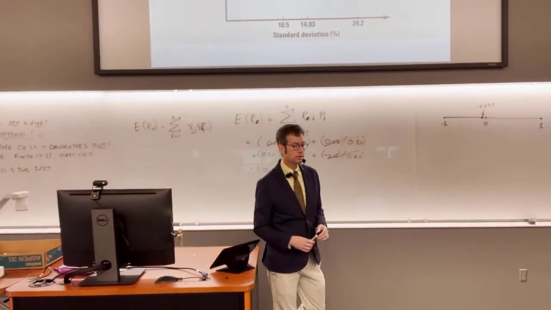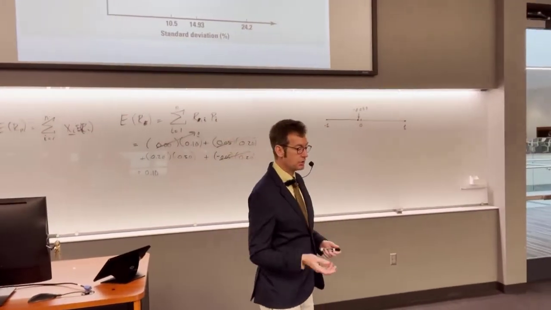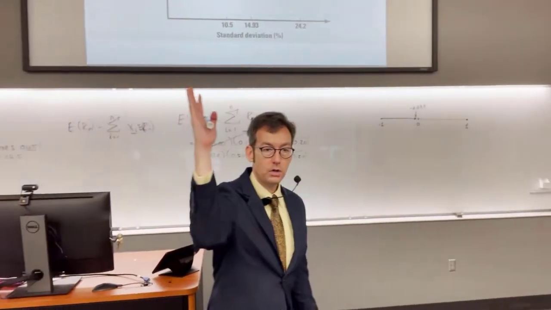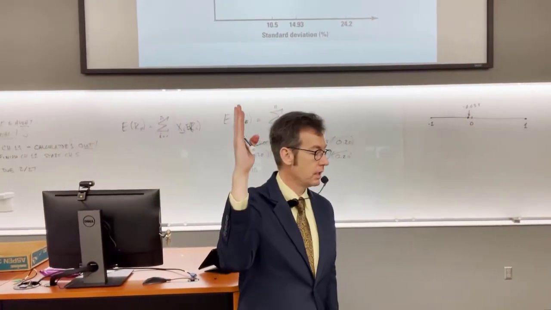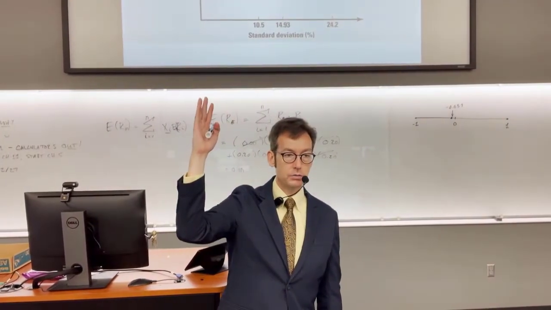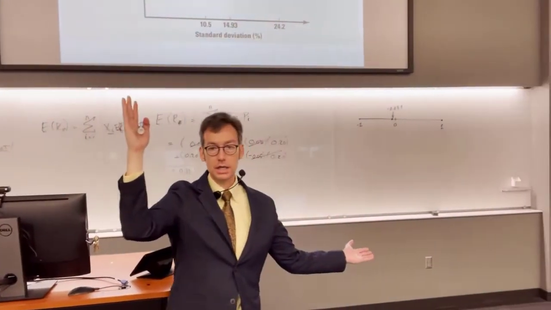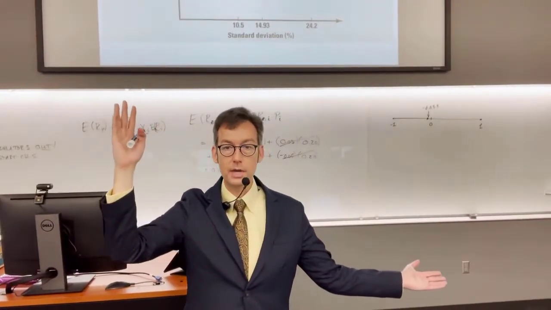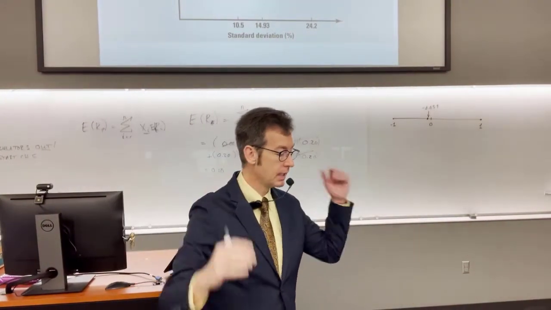So let's take a look at our stocks on some axes here. On the vertical axis, vertical means up and down, we have expected return, and on the horizontal axis we have standard deviation of returns, which is our measure of risk.